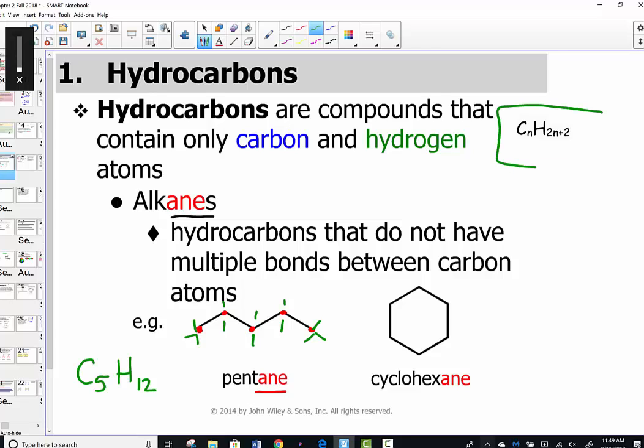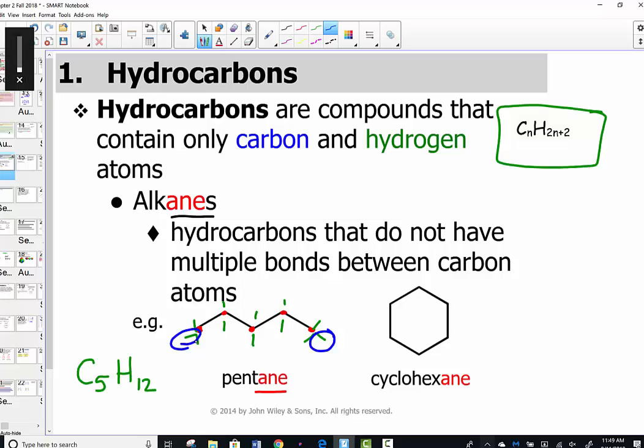Any alkane will have a general formula CnH2n+2, where n represents the number of carbons. The plus 2 reminds us that the very last carbon will have 2 more hydrogens to fill its octet. And if you're an interior carbon, you only have 2 H's on it.